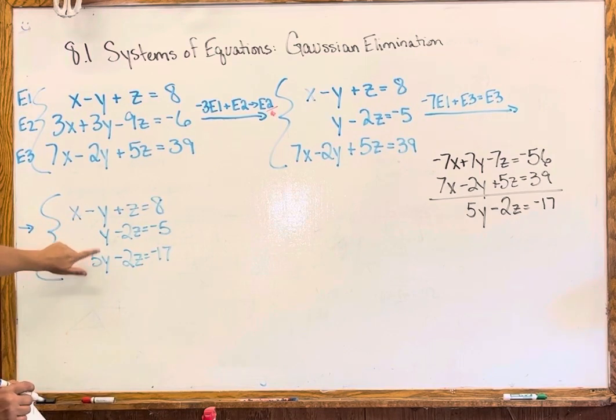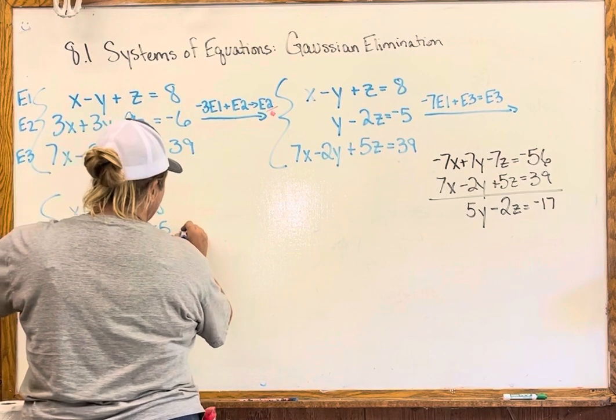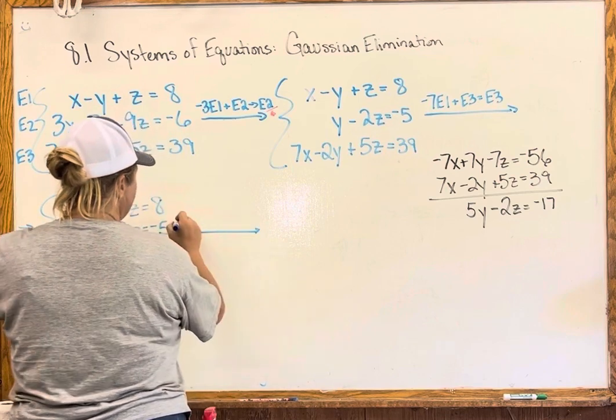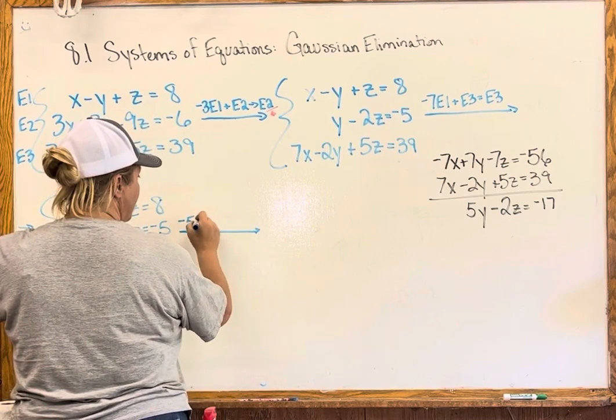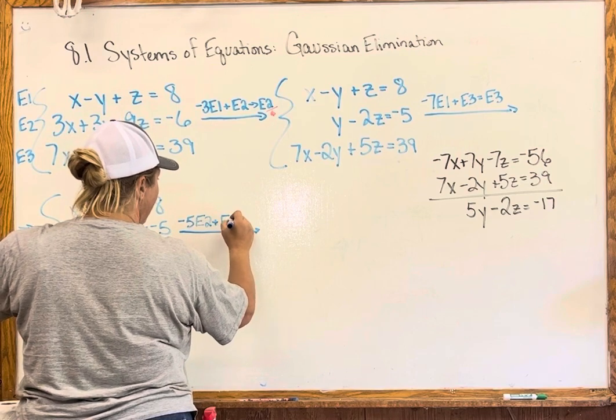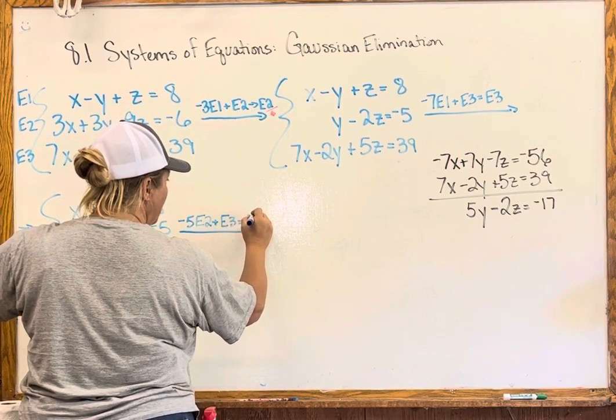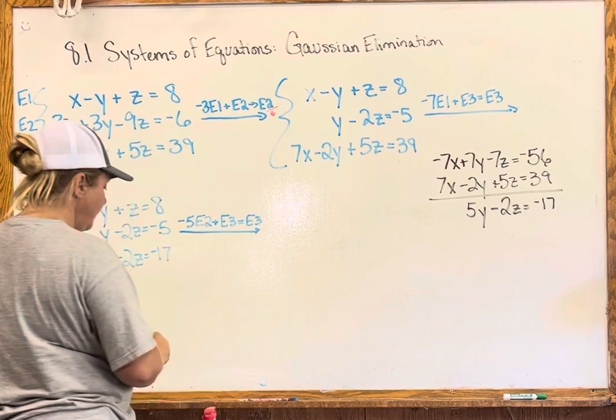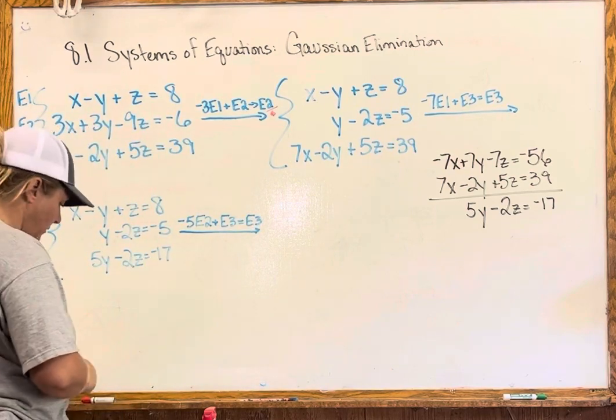So we can get rid of the y if we multiply that second guy by a negative 5. So here, we're going to say negative 5 E2 plus E3, and that will be our new E3. So again, scratch work.